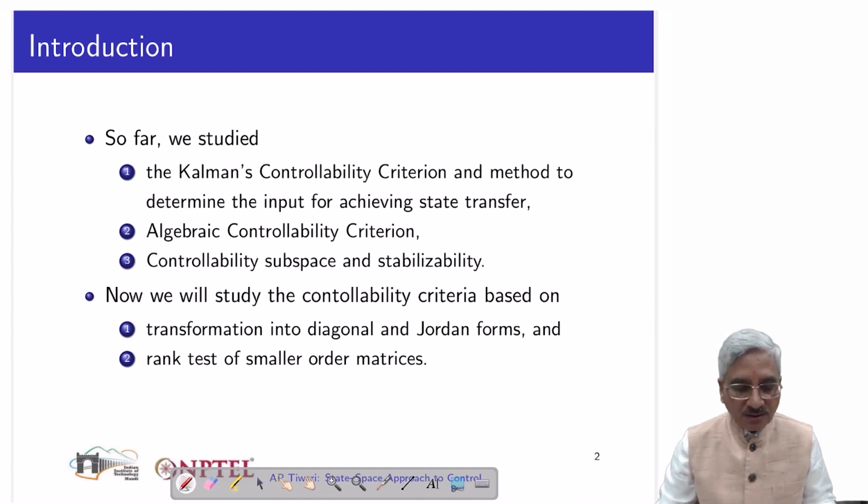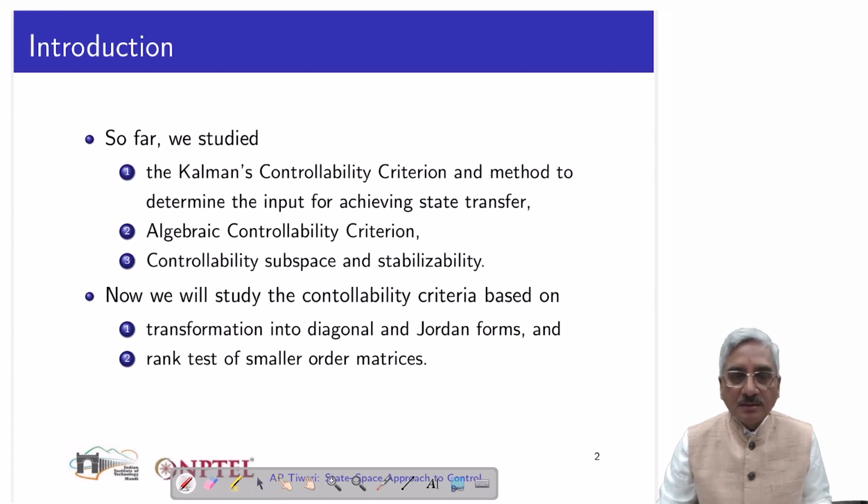We also discussed how to decompose an uncontrollable system into a fully controllable system and a fully uncontrollable system.